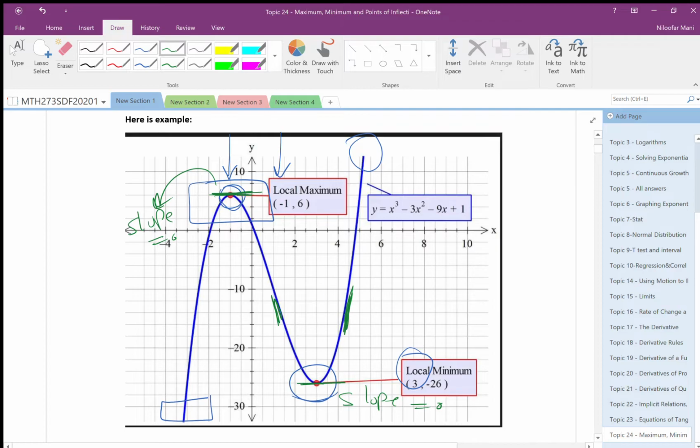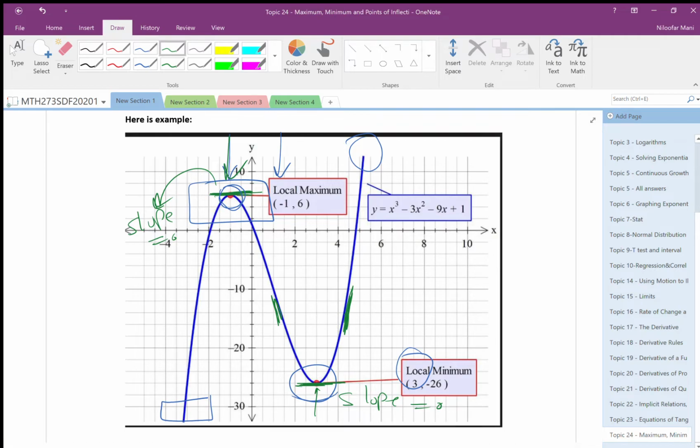When I look at my graph, I see I have one local maximum and one local minimum. And when I consider the tangent line at these points, I can see this is the tangent line, this is the tangent line here, and both of them are parallel to the x-axis, meaning both of them have a slope equal to 0.